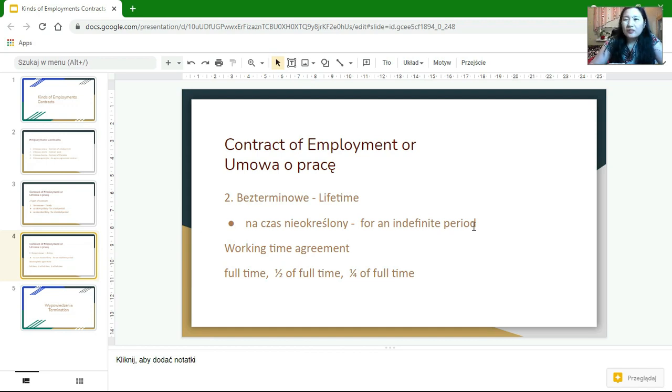Or you want only a quarter, like part-time, so you want only 40 hours, you can do so. This is your agreement with your employer.